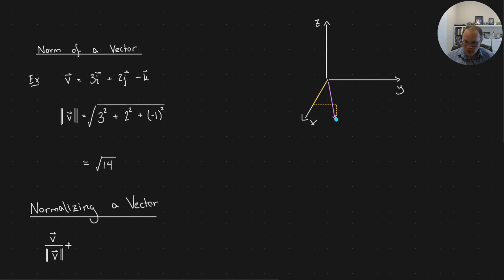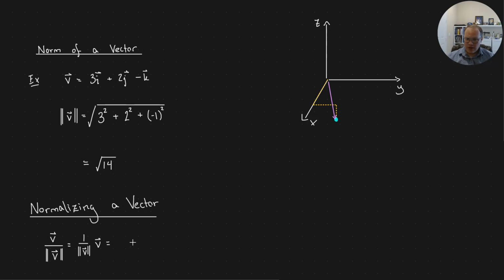Or you could think about it as the vector and then we scalar multiply by 1 over the norm of the vector, depending on how you want to think about it. It's really a scalar multiplication operation, but when we divide by a scalar, we could think about it as multiplying by 1 over that scalar.